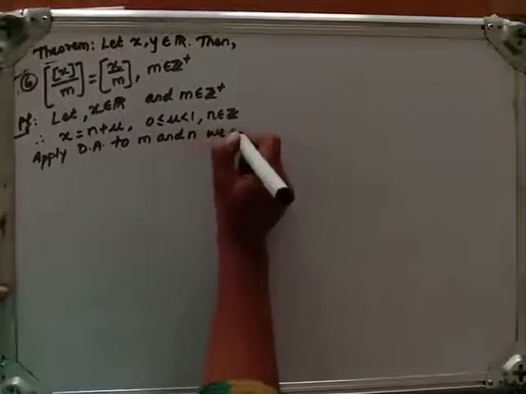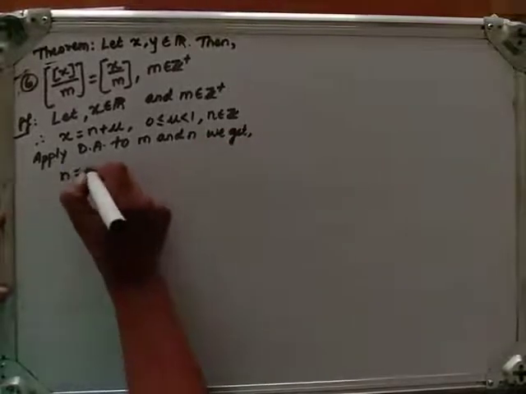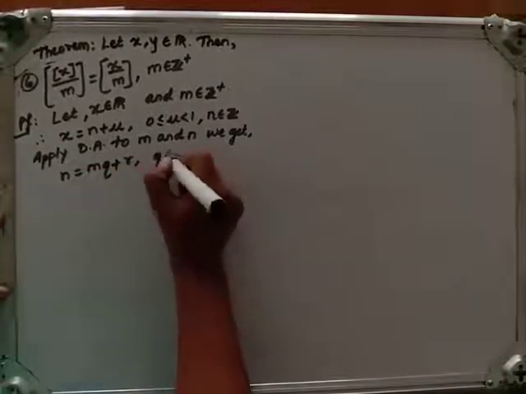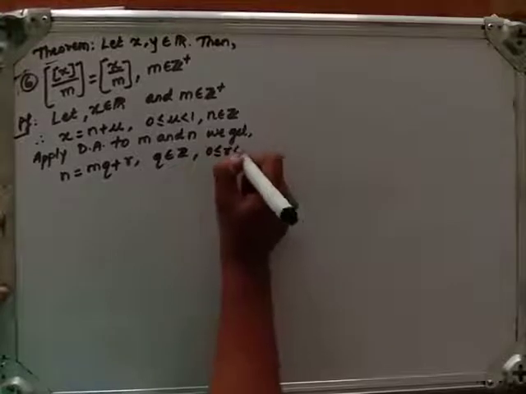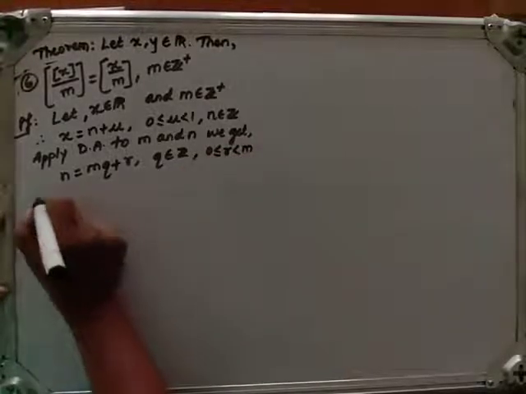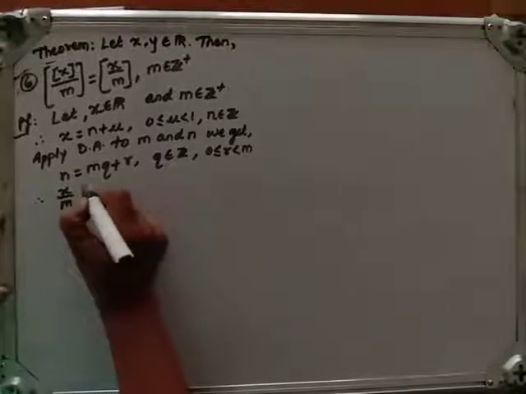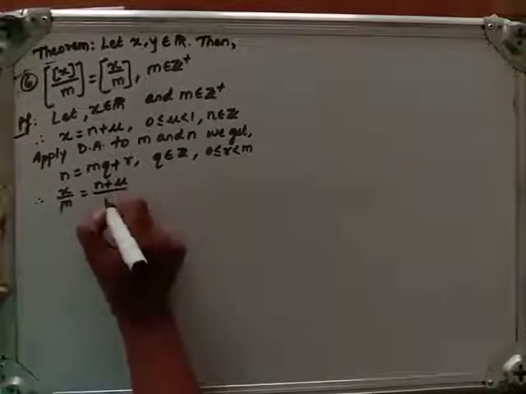We get n equal to mq plus r, where q is in the set of integers and 0 less equal r less than m. Therefore, what is x upon m? x upon m is n plus mu upon m.